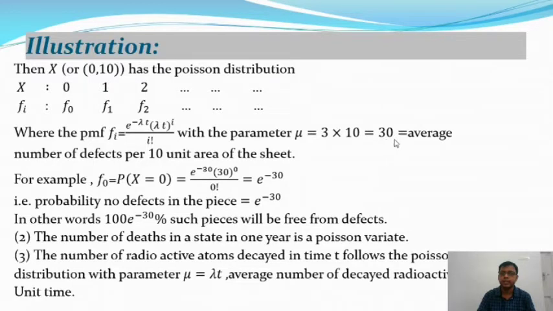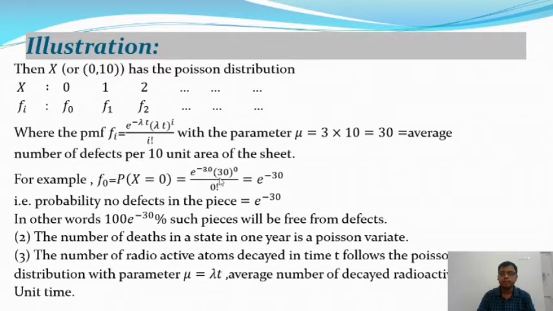So 3 into 10, that is 30, and 30 is the average number of defects per 10 unit area of the sheet. Therefore, the probability of X equal to 0, that means f of 0, is the probability mass function at i equal to 0. It equals e to the power minus 30, since mu is equal to lambda t, which is 30.